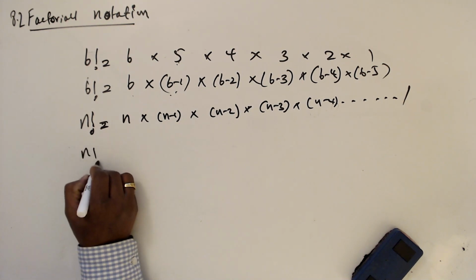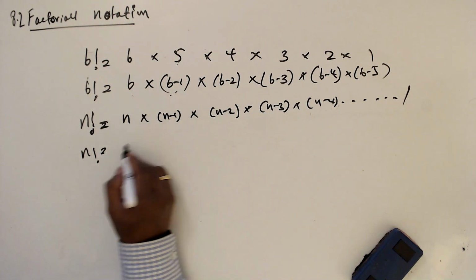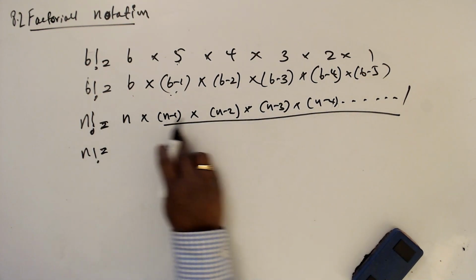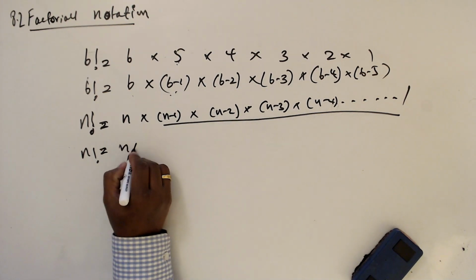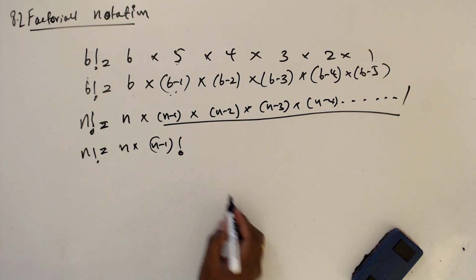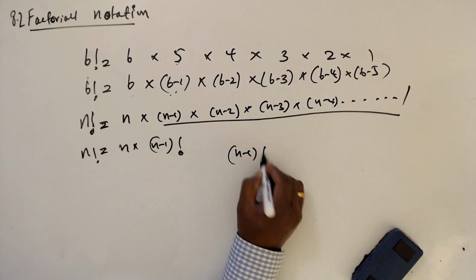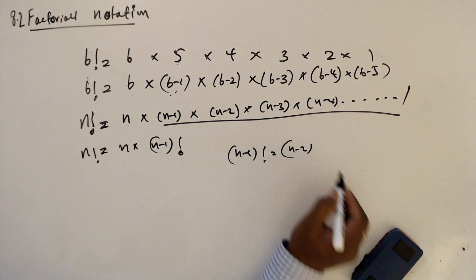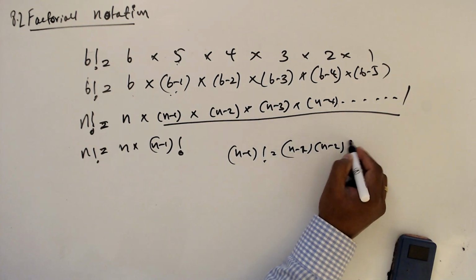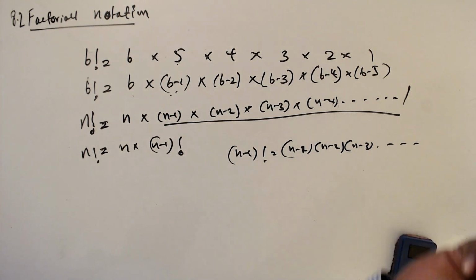Also, factorial n I can write as n times n minus 1 factorial, because n minus 1 factorial is n minus 1, n minus 2, n minus 3, like that.